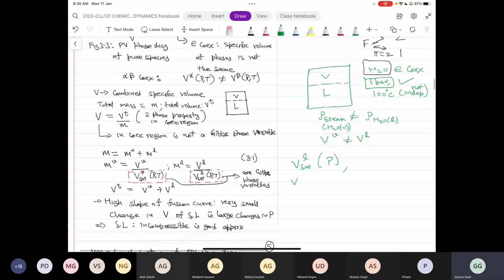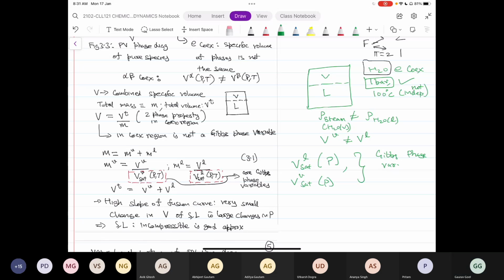So VL sat and VV sat are Gibbs phase variables because these are properties of a single homogeneous phase individually. VL sat is a property of saturated liquid at a given pressure, and VV sat is a property of saturated vapor at a given pressure of that pure species. In this case, the pure species is H2O.